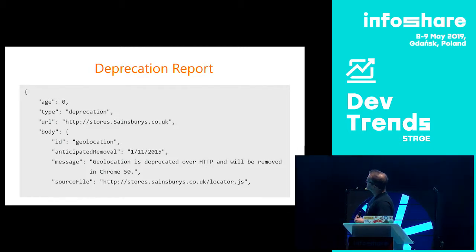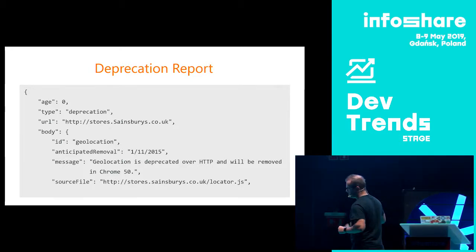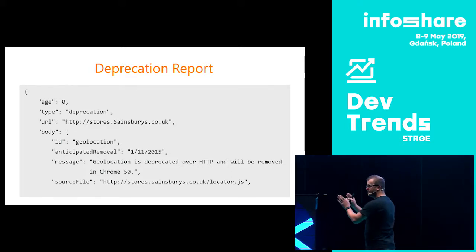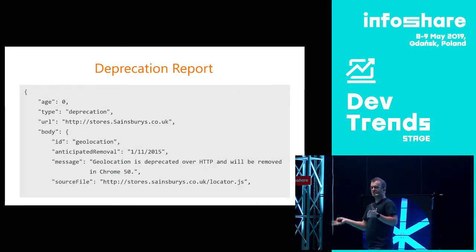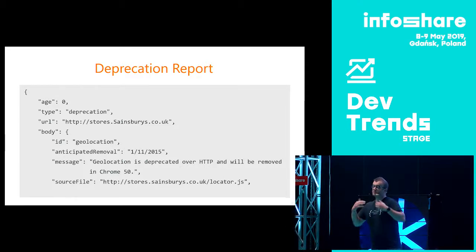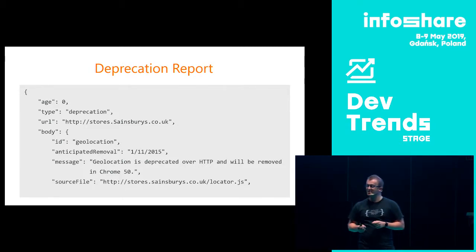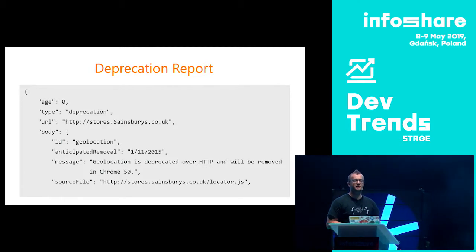And you would receive a JSON payload just like this to your specified reporting endpoint. Now, it could be geolocation, it could be web SQL, it could be absolutely any feature. If you're using something and it will soon stop working, would you like to know about it? That's all that you need to ask. And the answer for me is, yeah, if I'm using this feature on my page and you're going to turn it off, I would like to know about that. So ask the browser to tell you. That's all you have to do.